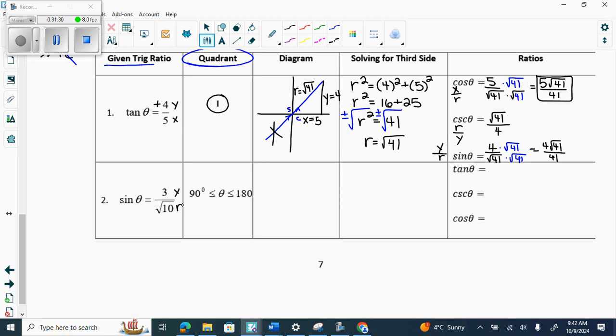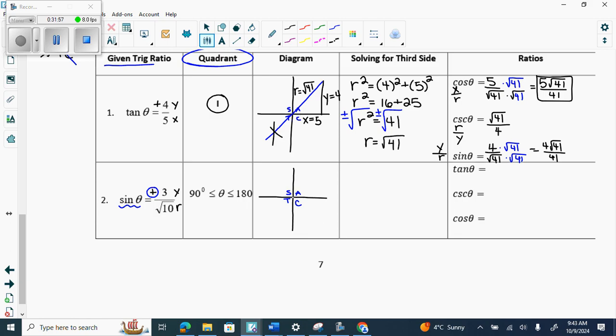I have to try to find out what quadrant it's in, and then what quadrant it's in tells me if it's x or y. So I know this one gives away the quadrant. I don't care. I'm going to do it properly. So it's sine. This ratio is positive. We agree? So when I go to use CAST, where is sine positive?